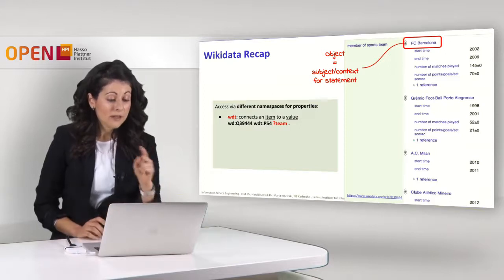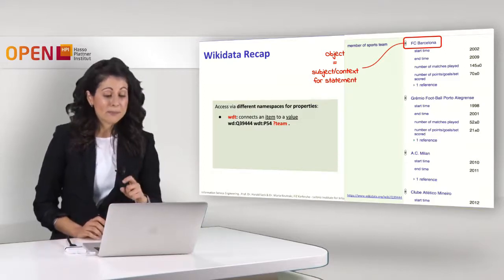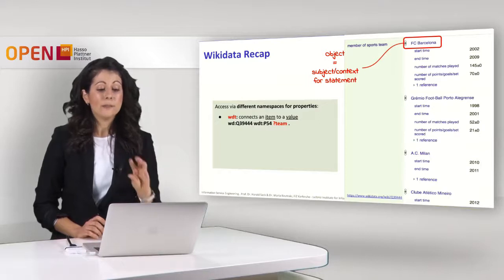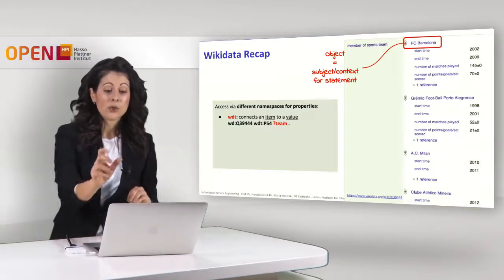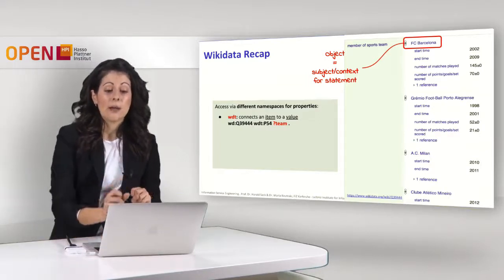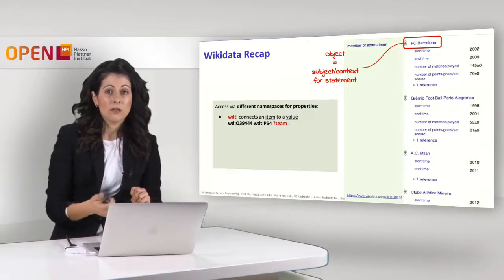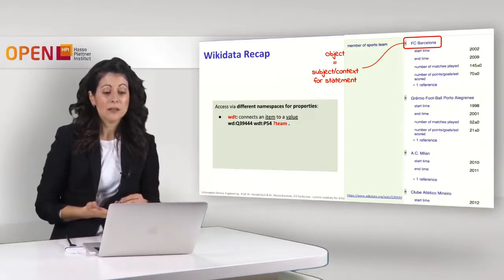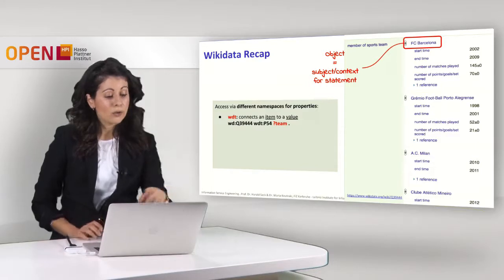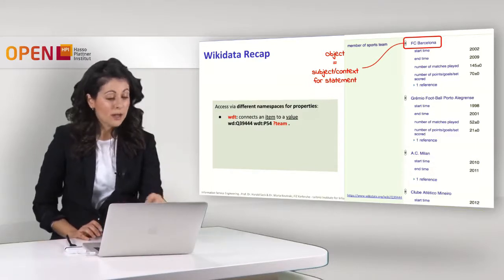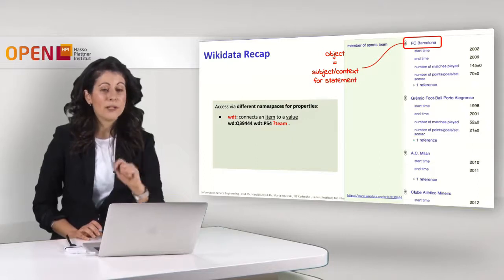So for example, we have the WDT namespace that connects an item to a value. So if we want to get this Barcelona entity, which is the team that he was a member of, we are going to do it using this WDT property P54, and we get the team.